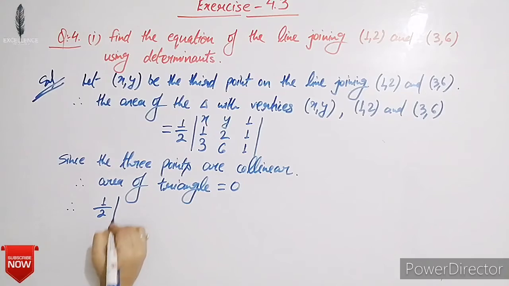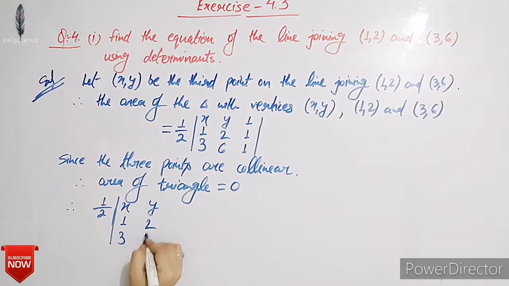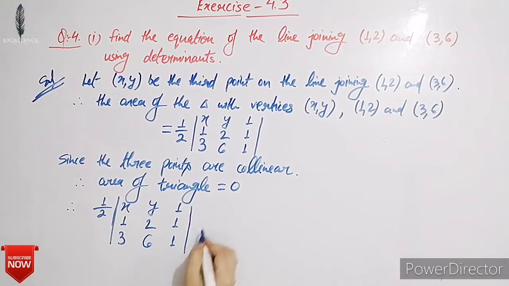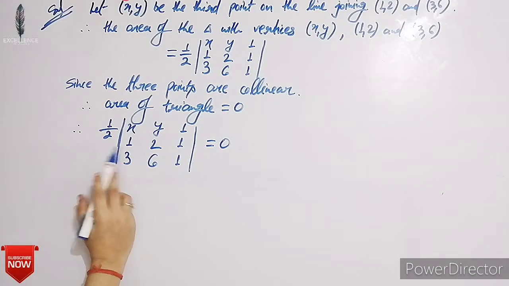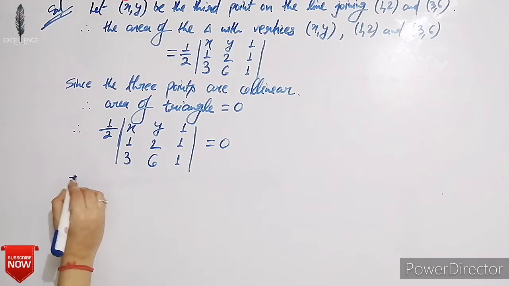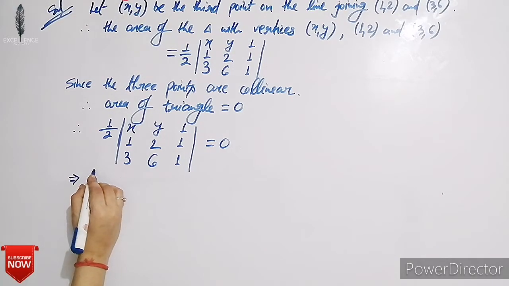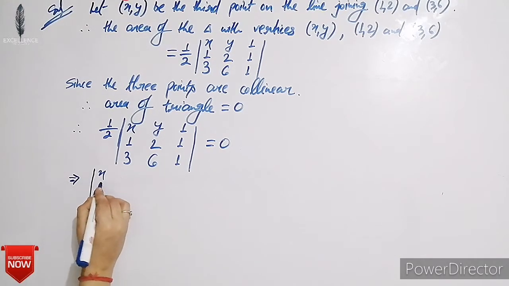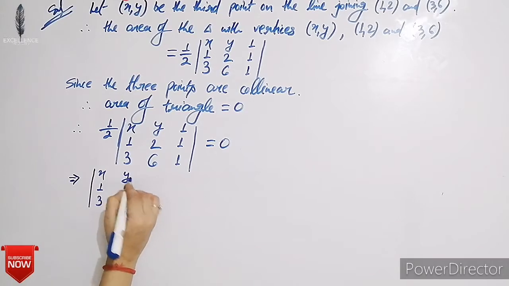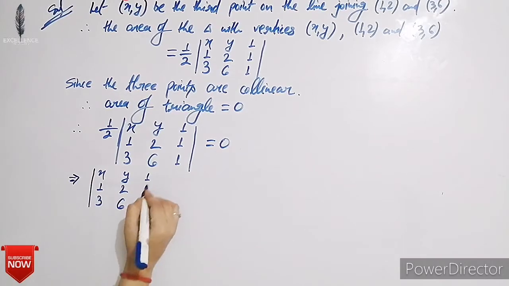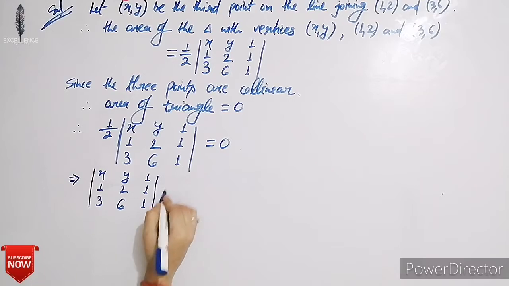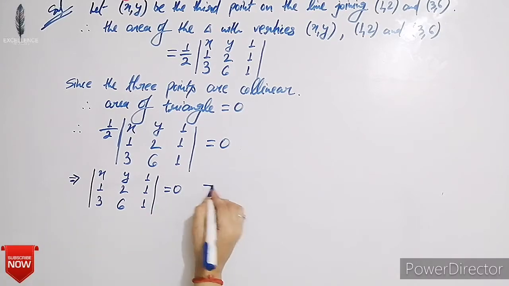So 1 by 2 times the determinant x, 1, 3; y, 2, 6; 1, 1, 1 is equal to 0. That gives this determinant equal to 0.